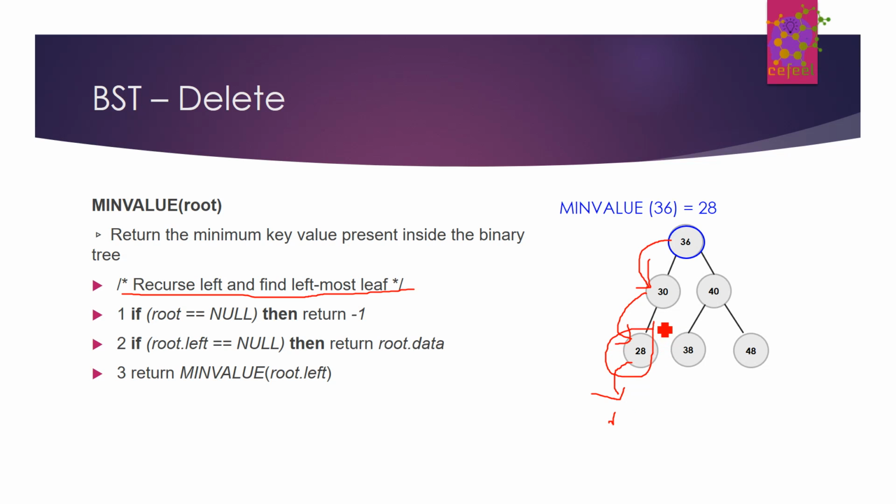Same thing with 40: the minimum value is 38. We just traverse left and left till we find the minimum. Always going left recursively in the subtree gives the minimum value. So this is what the minimum value is.